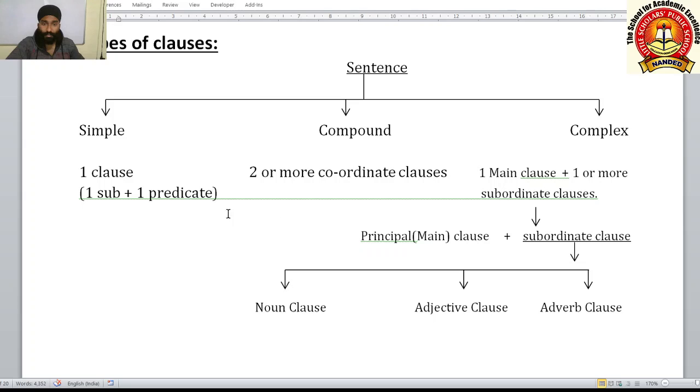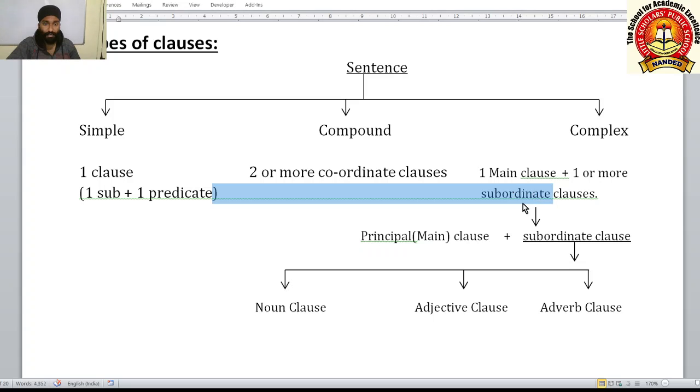So here we will see a compound sentence. Two or more coordinate clauses will be there. Coordinate clauses means equal rank clauses. Any clause is not dependent on any other. Now, complex sentence has one main clause and one or more subordinate clauses.